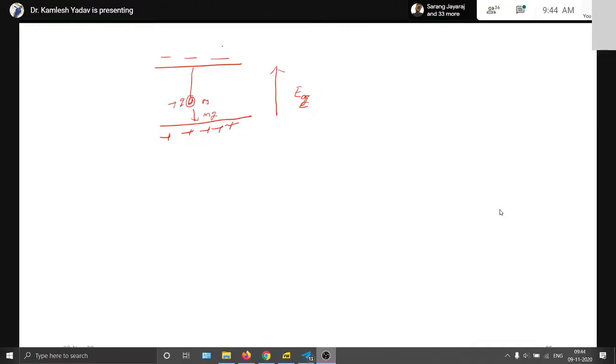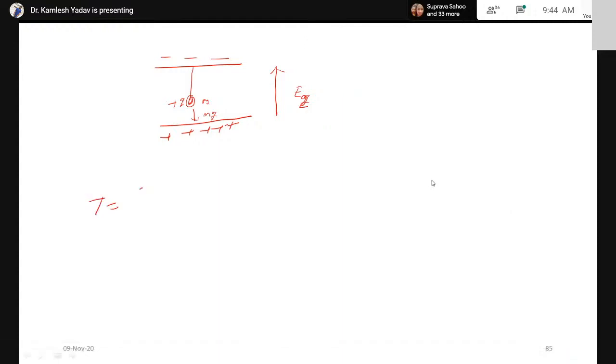If a simple pendulum is given a charge Q and suspended under an electric field acting opposite to g, which is acting downward, and this electric field is acting upward, then what will be the time period? We can say the time period will be equal to 2 pi under root of L by (g minus EQ/m). So the whole thing under root.